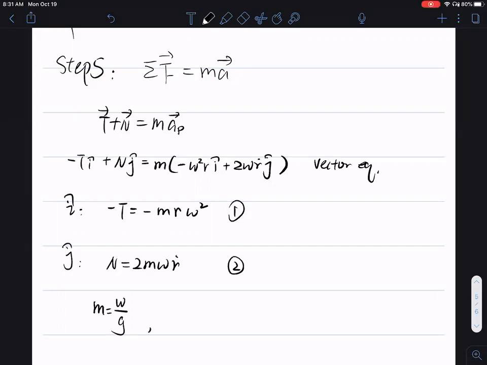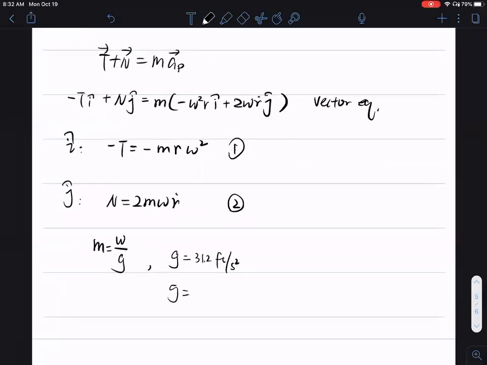And g equals, I think it's 32.2 feet per second square. Is that right? I only know that g under SI unit is 9.81 meter per second square. Depends on which units is given for the problem.